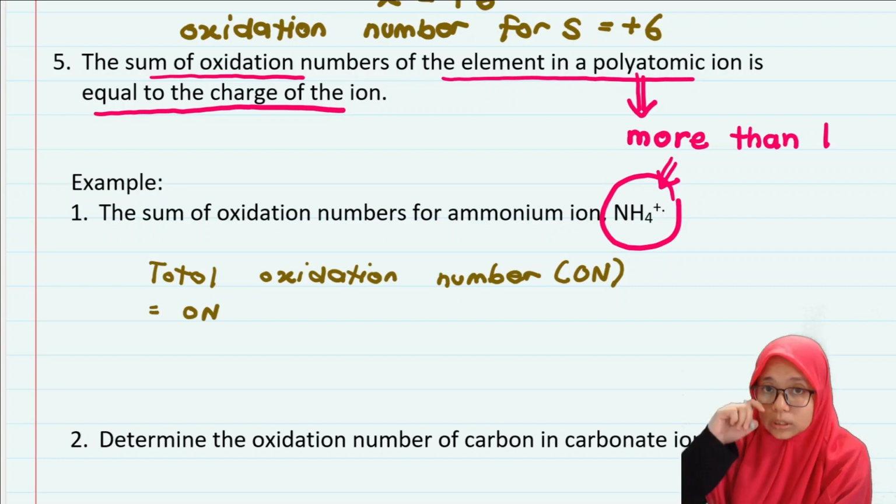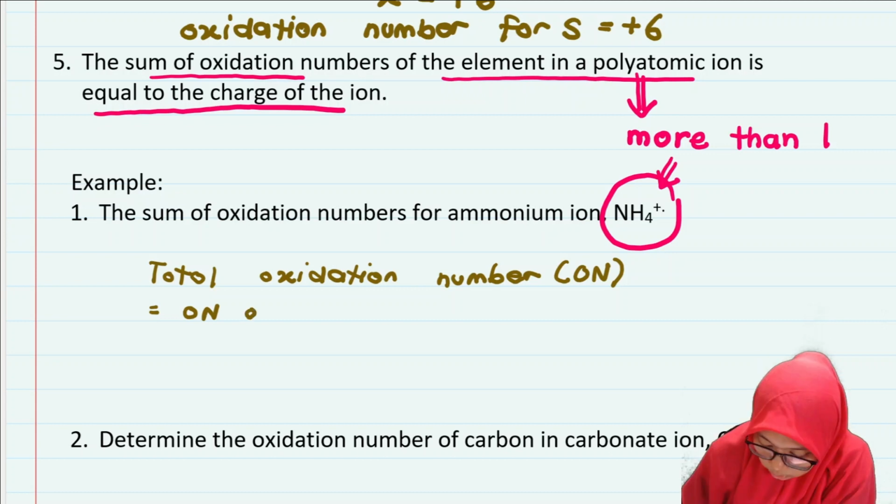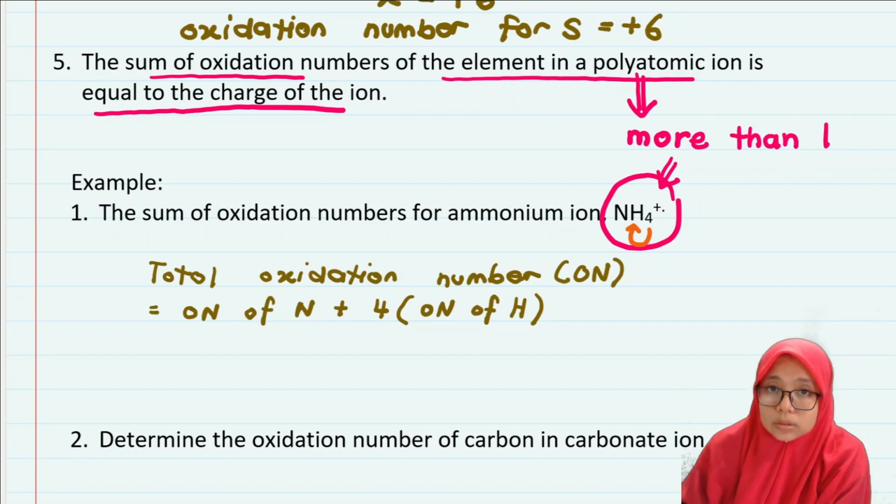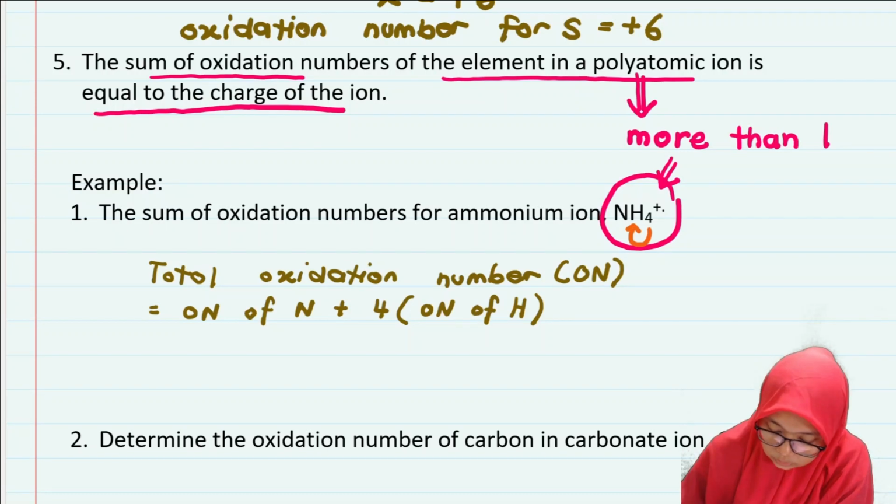So ON of nitrogen, and we will add 4 times the oxidation number of hydrogen. Why do I put 4? Because if you can see in the formula here, you have 4 hydrogens. So 4 is meant to be multiplied with the oxidation number of hydrogen.